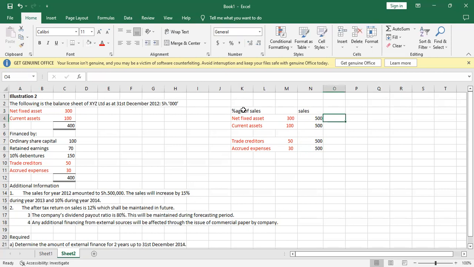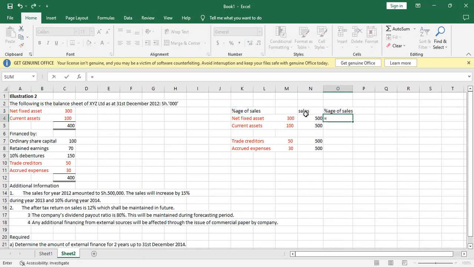So this is the percentage of sales. The percentage of sales will be 300 over 500 multiplied by 100. So it is equal to 300 divided by 500 multiplied by 100. Don't know why I'm not getting the answer.